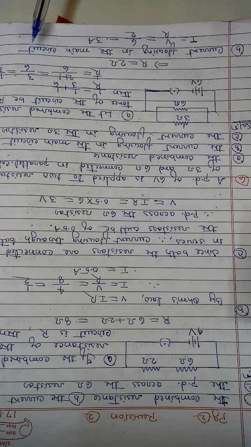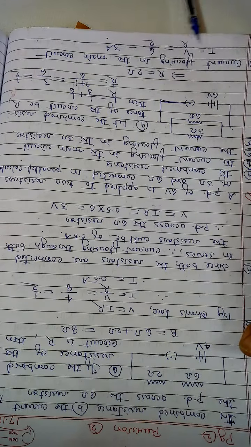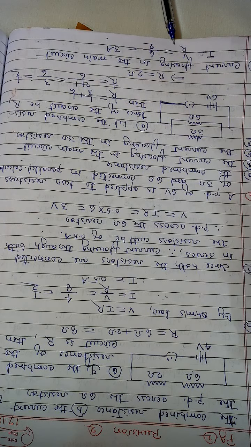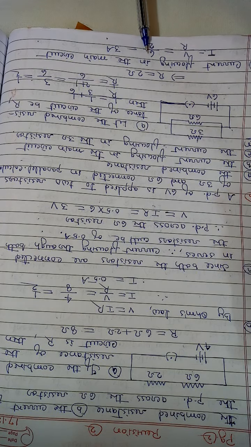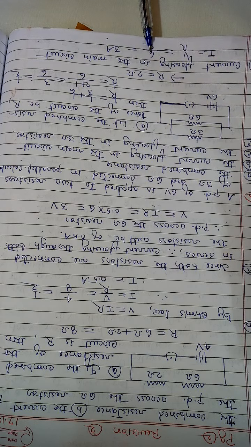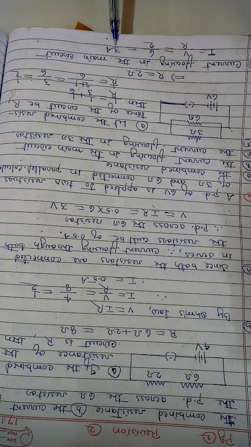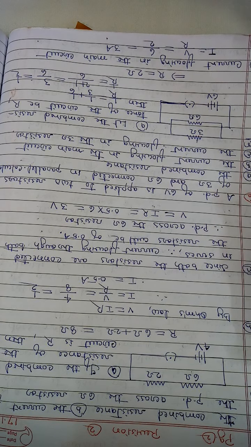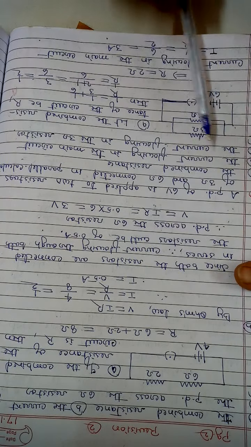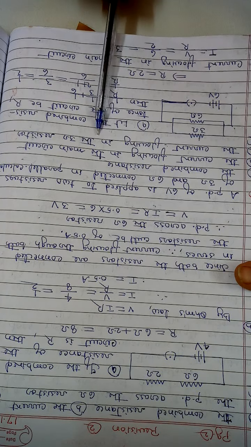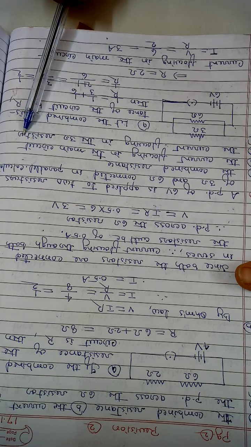Now the current flowing in the main circuit, I equals V upon R. So it gives us 6 upon 2. 6 is the value of the potential difference and 2 is the resistance of the circuit, which gives us I equals 3 ampere. Now we have to find the current flowing in the 3 ohm resistor.